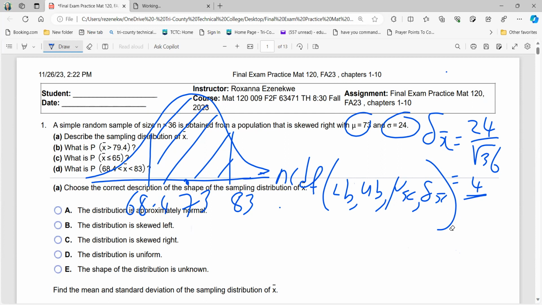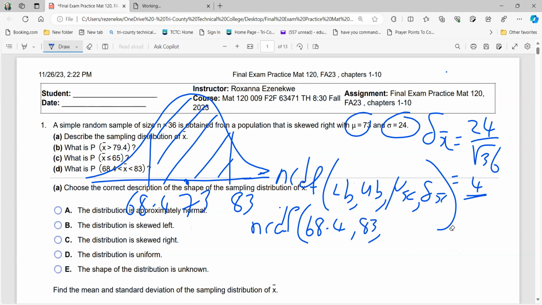Okay, now I am going to fit in all that I know. I know that the lower bound is 68.4. We are doing 1D. So this is normal CDF. And then the lower bound is 68.4. Upper bound is 83.